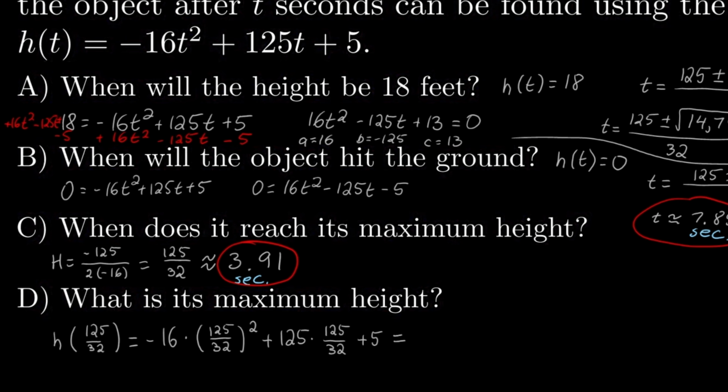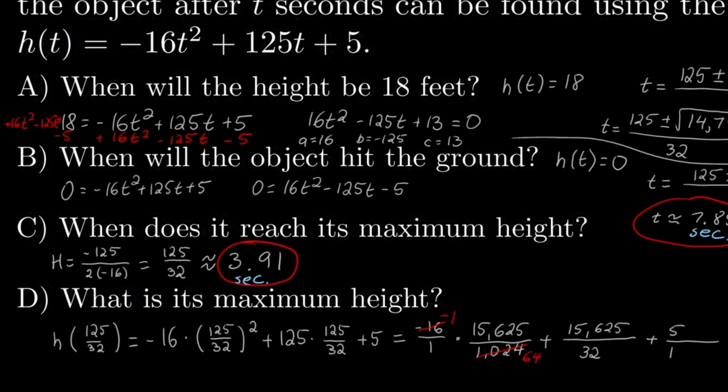So that will result in negative 16 over 1 multiplied by 15,625 over 1,024, plus 15,625 over 32, and plus 5, which I will write as 5 over 1. Now, acknowledging that 1,024 is divisible by 16, resulting in 64, we get negative 1 in here, 64 in there.